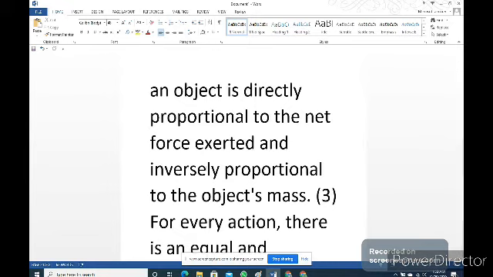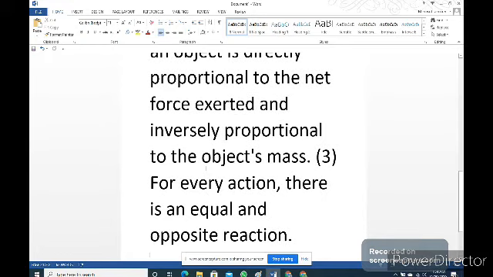Suppose we are throwing a ball: gravity tries to pull it down, but we are trying to pull it up. There is an equal action, positive, and an opposite reaction, negative. So this is also an example. This is about force and laws of motion. These are the main laws, and now let's learn about gravitation.